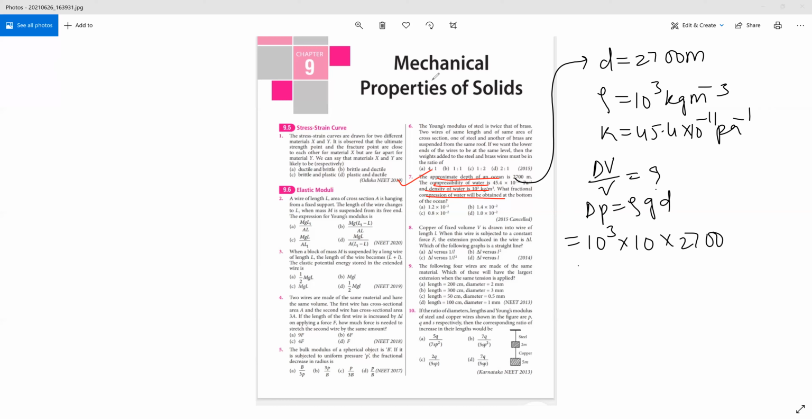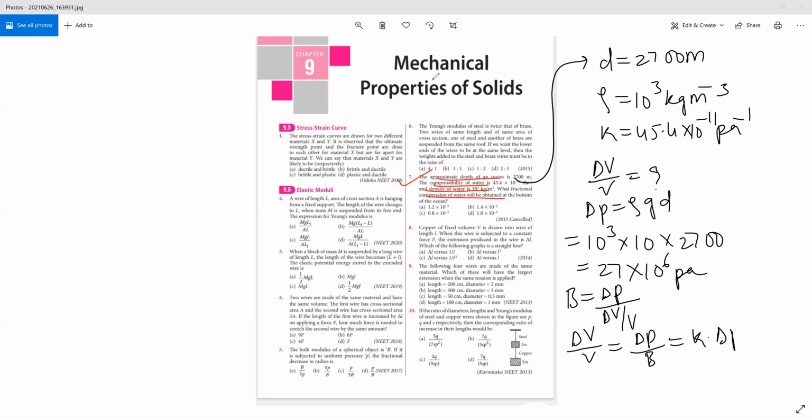So already known values are substituted, and after simplification we are getting 27 into 10 to the power of 6 Pascal. So we know bulk modulus is given by delta P divided by change in volume to the original volume, or change in volume to the original volume equal to delta P divided by B, or you can write this one as K into delta P, because compressibility is nothing but reciprocal of bulk modulus.